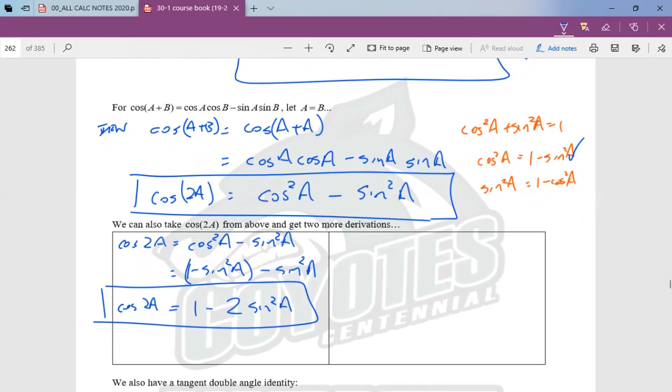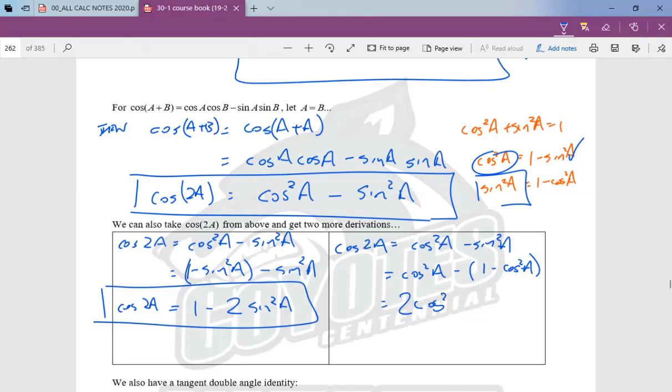Part 3 ends up being this. If we start with cos 2A equal to cos squared A minus sine squared A, instead of replacing cos squared A like we just did in part 2, in part 3 we're going to replace sine squared A. This ends up being cos squared A minus, in brackets, 1 minus cos squared A. When we do our subtraction, we are subtracting a negative cos squared A, which gives us positive 2 cos squared A minus 1.